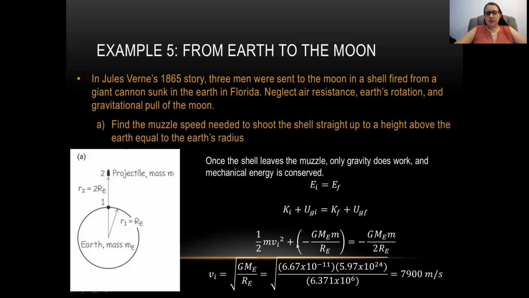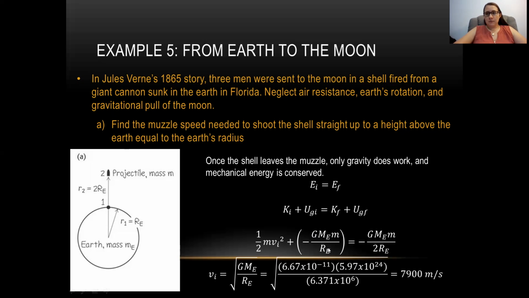Right, so as we take this equation, we're looking for that initial speed. And we can see we have this small m, the mass of the shell plus the people, in each of the terms. So we can ignore that mass. We know G, it's a constant. Mass of the Earth, we know.